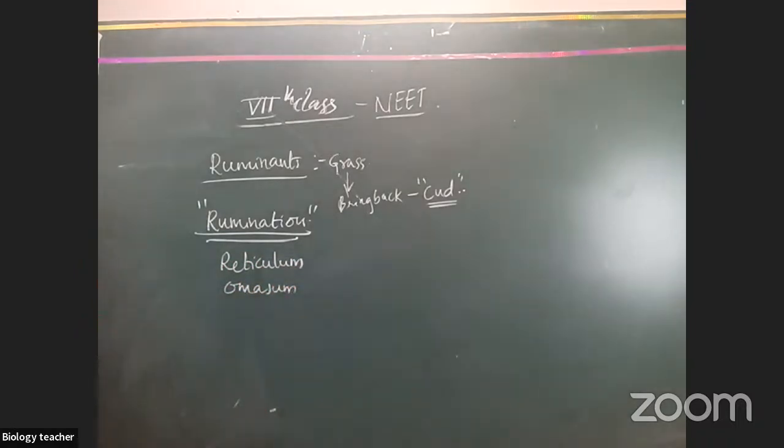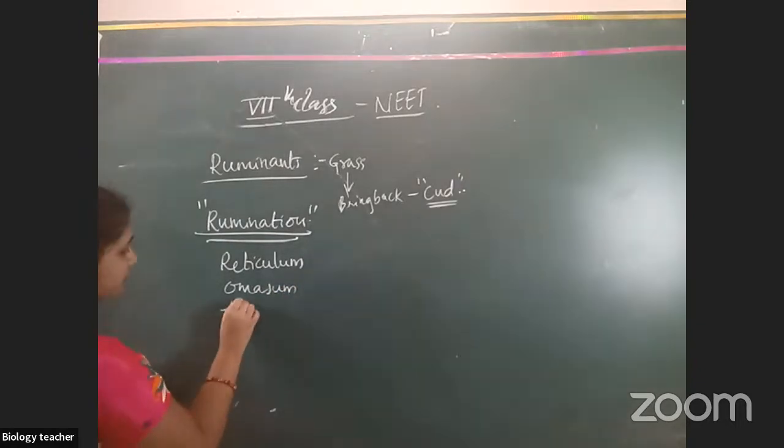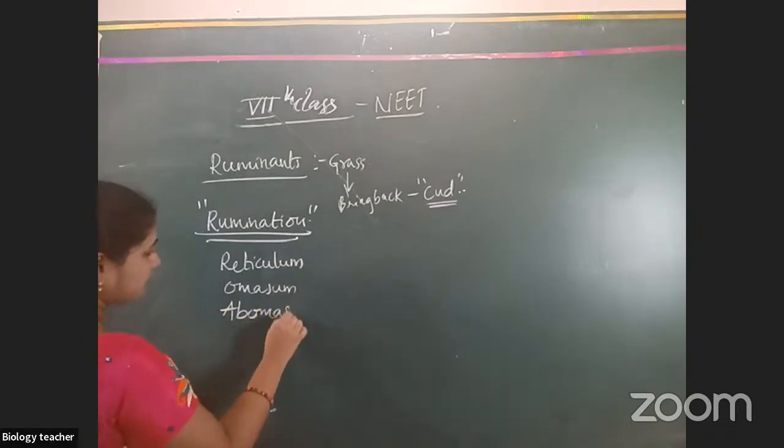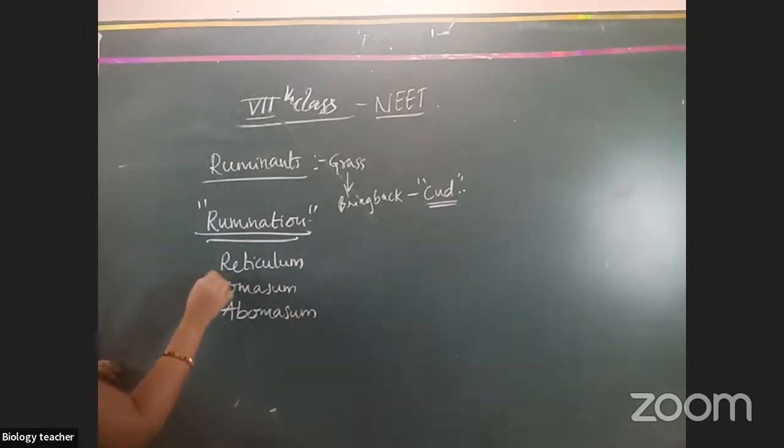What are the 3 organs present in ruminants? Reticulum, omasum, and abomasum.